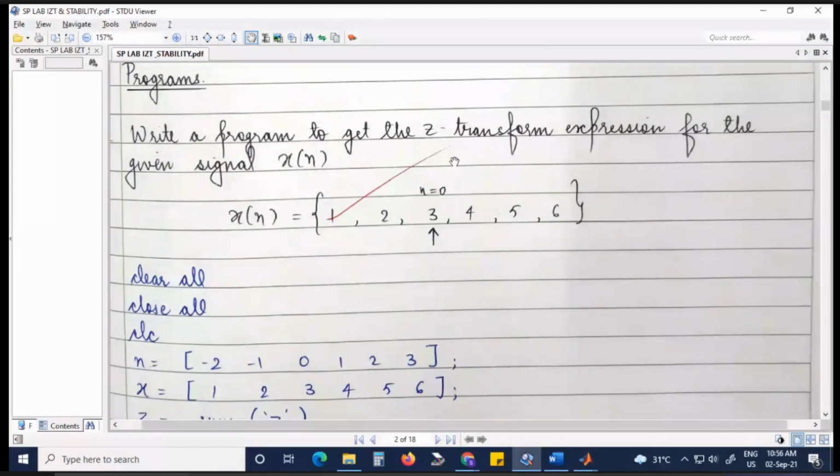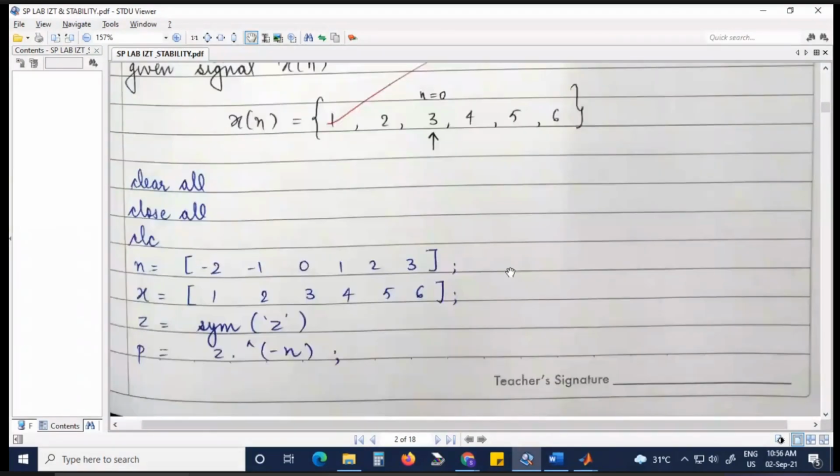This is the origin given at n equal to 0. We can write the time axis directly, or using some formula that we discussed today. You can write the time axis as minus 2, minus 1, 0, 1, 2, 3, since the origin is at the middle of the sequence.